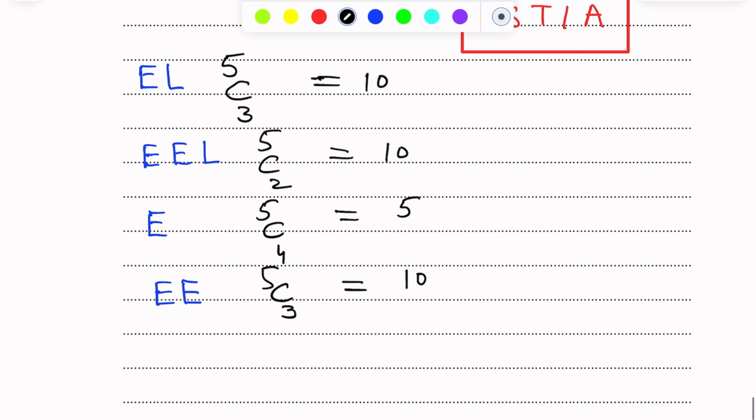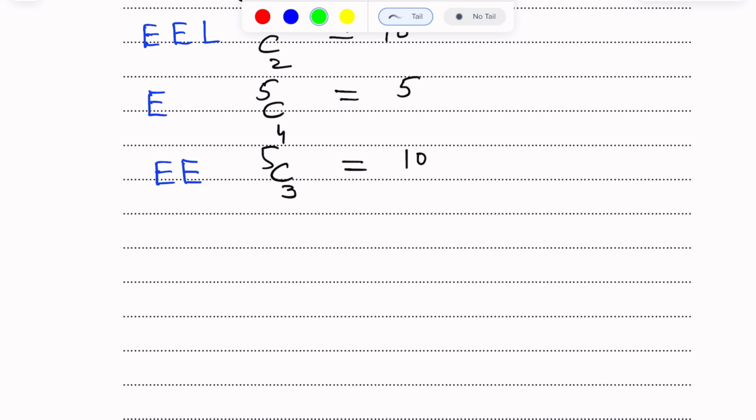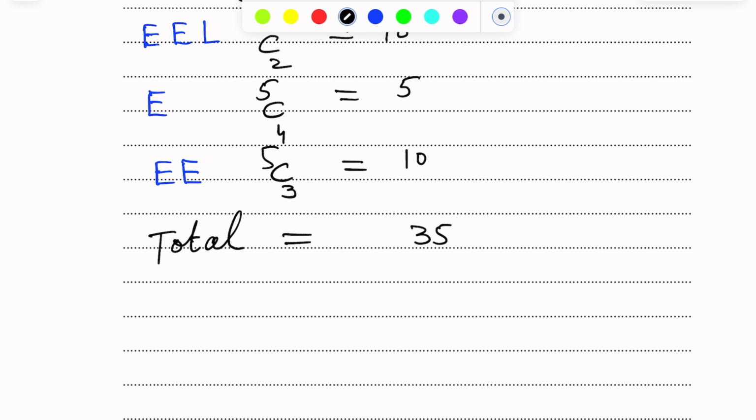Now we add up these different options: 10 plus 10 plus 5 plus 10. We get 35. So total selections will be 35, and this is the answer.